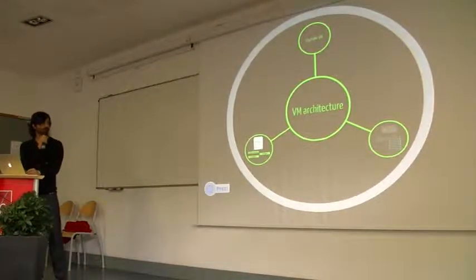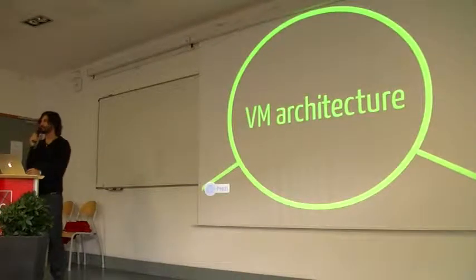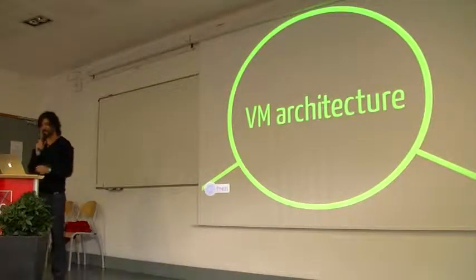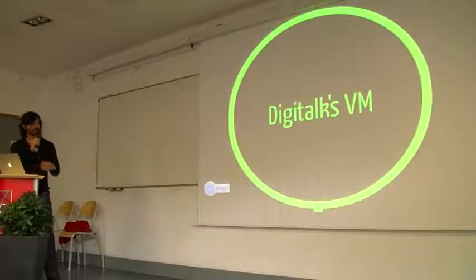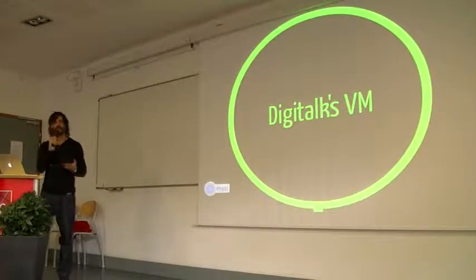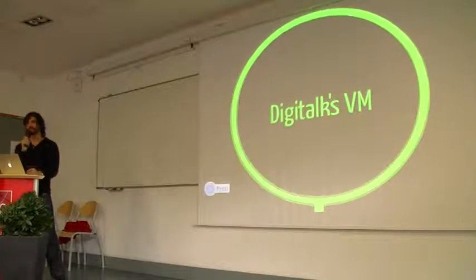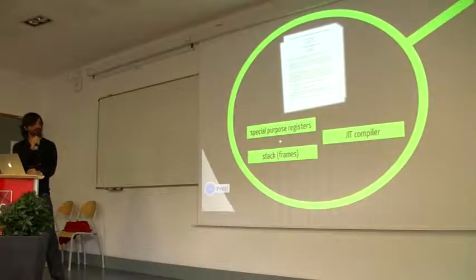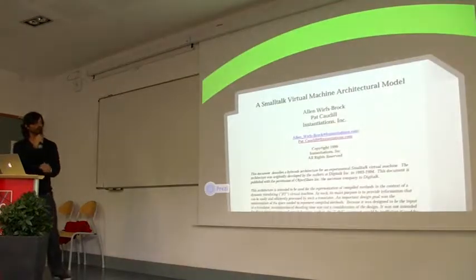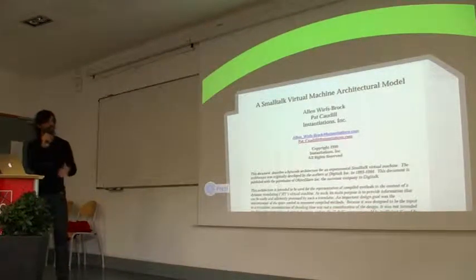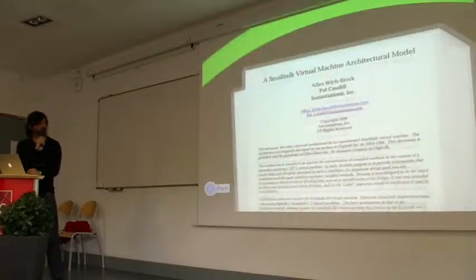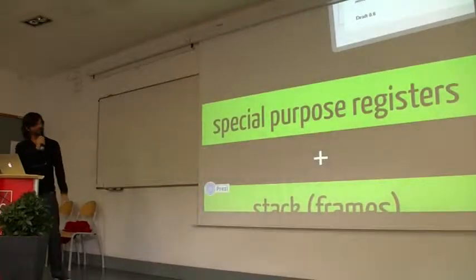So a couple of words about the architecture of the VM in which we've been working. This is a particular VM, but is related or based on Digital's VM. It basically follows the model proposed by Alan Wirfs-Brock in this paper, except for some differences.